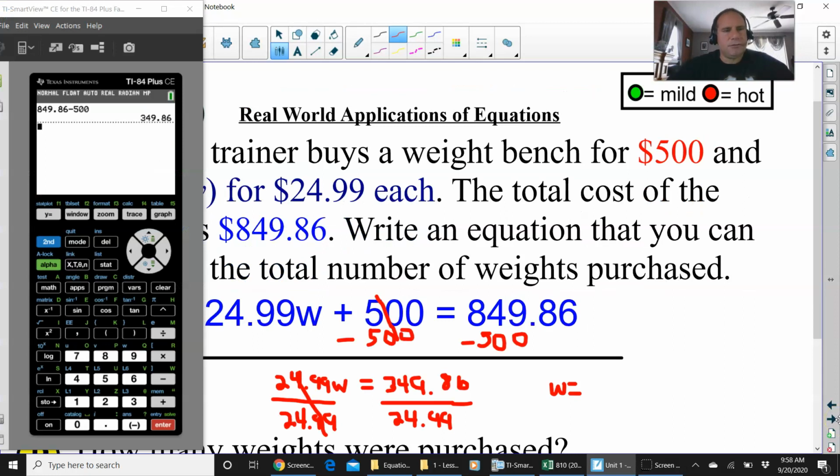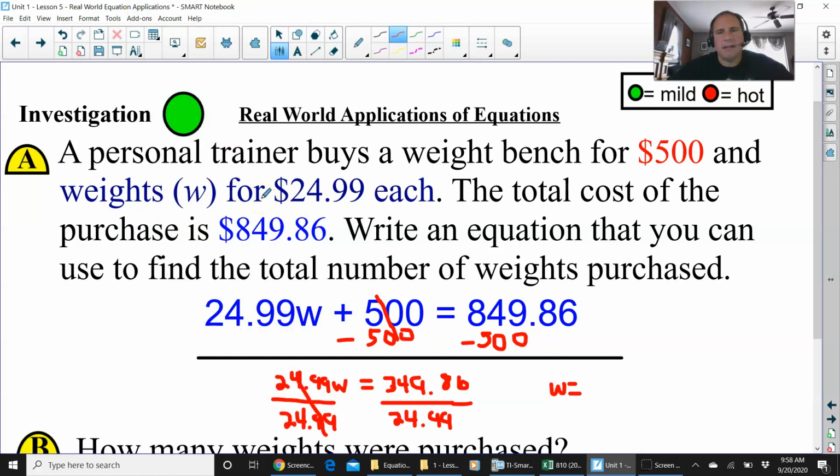So just to look at the calculator, I put 849. All right, so we put the equation together as $24.99. Let me get the calculator out of the way for a minute. So he buys a weight bench for $500.